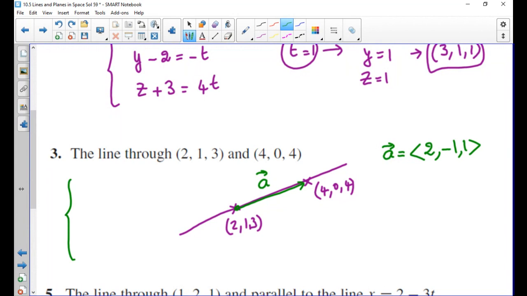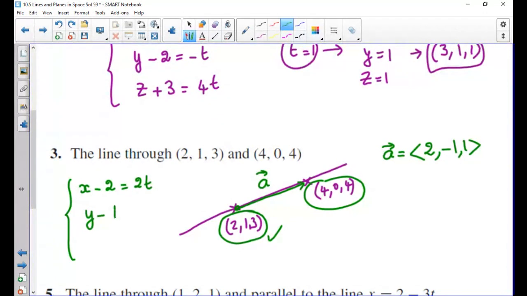Doesn't matter. You can use this one, you can use that one. The equations will be exactly the same. So you could use this one, so it will be x minus 2 equal to 2t, y minus 1 equal to minus t, and then z minus 3 is equal to t, like this.